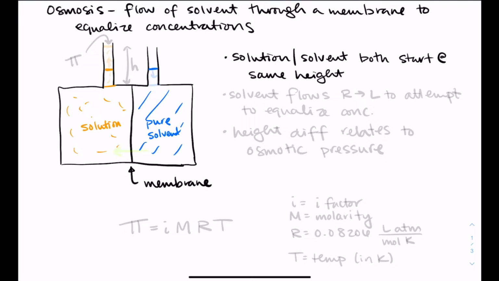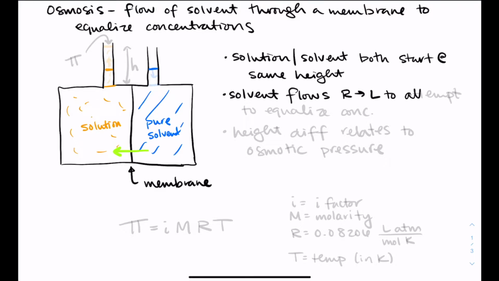So that height difference helps you think about pressure. There's another equation besides the one I'm giving you that uses that height difference. But the osmotic pressure, which I have a capital pi on this because it's the letter that we use for osmotic pressure, is the amount of pressure that you would have to push down on that solution side with to stop the solvent from flowing.